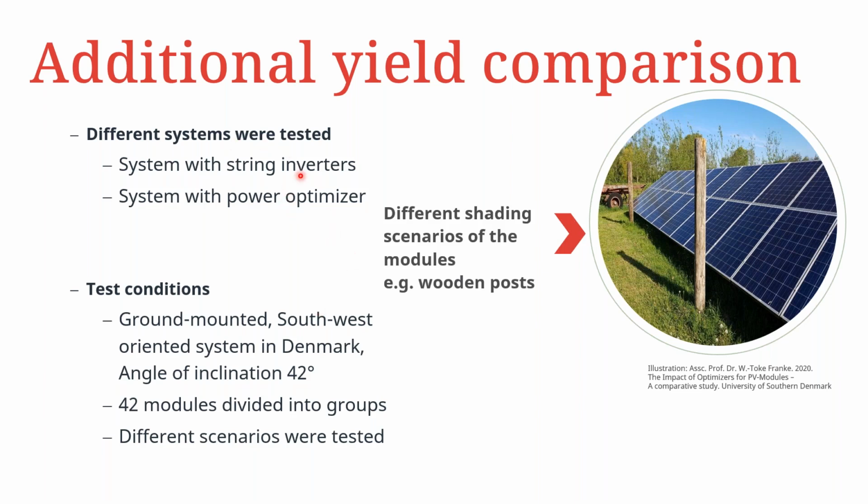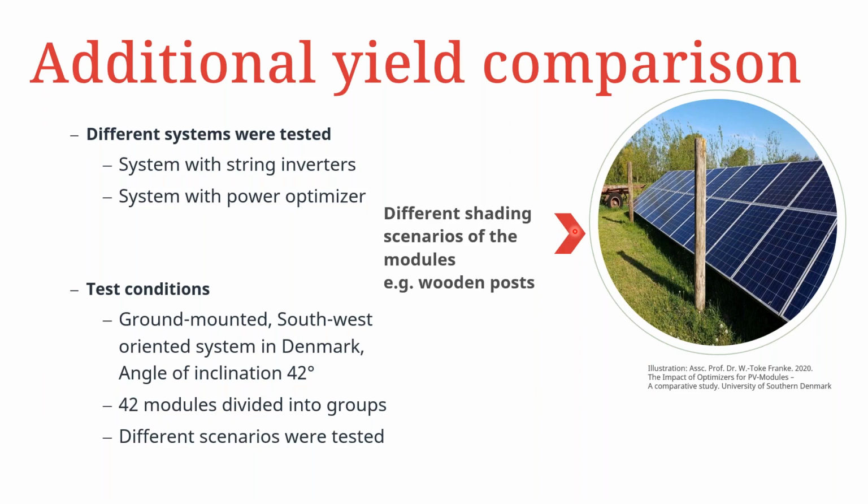Here we have a study done in Denmark, involving a PV system with an inclination of about 42 degrees, as we can see in this photo to the right. There were about 42 modules divided into groups, and different scenarios were tested. If you'd like to see the entire report, this is also possible.